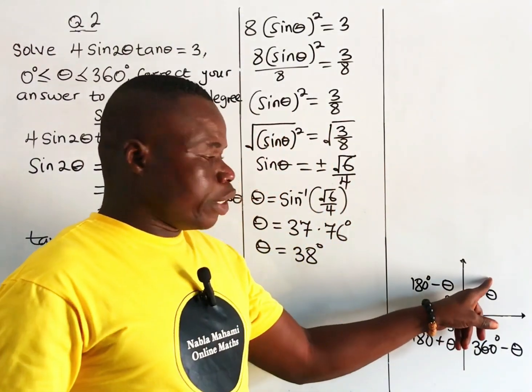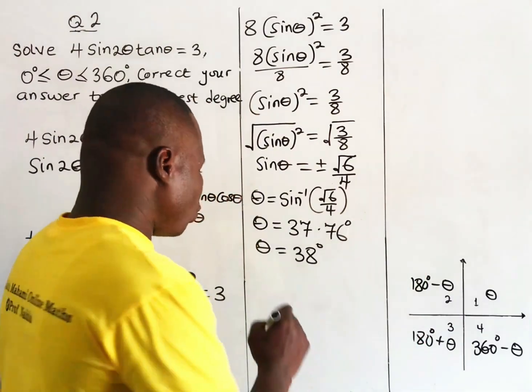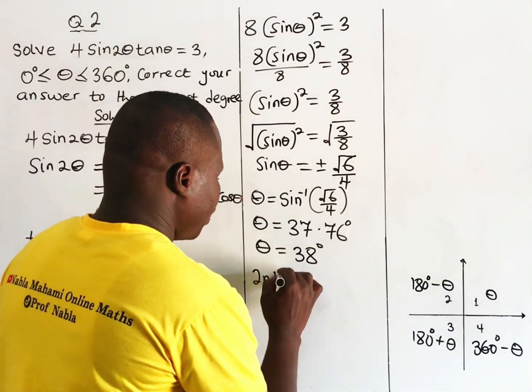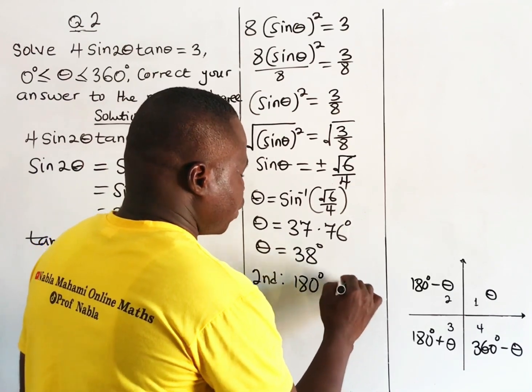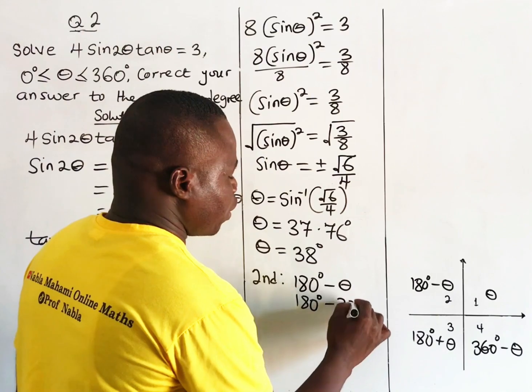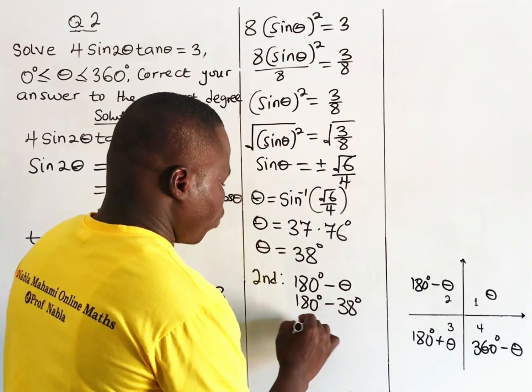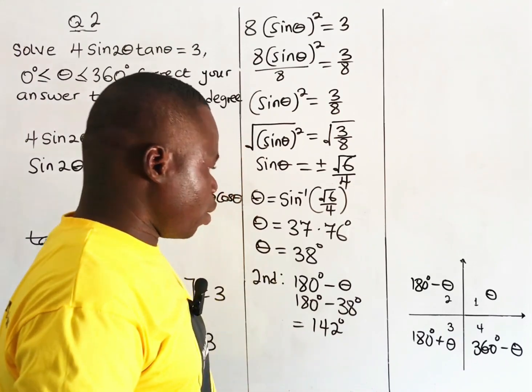So already we know theta. Then we go to the second quadrant and find the angle there. We use 180 degrees minus theta, which is 180 degrees minus 38 degrees, and I'll get 142 degrees.